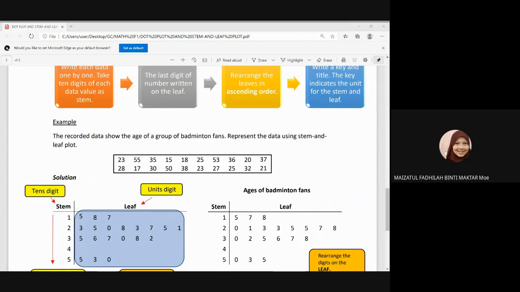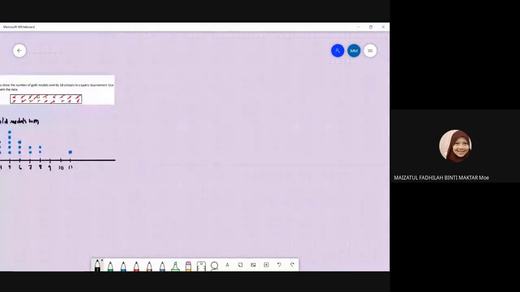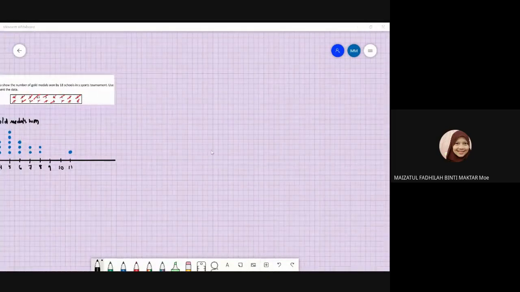So now I'll project it to the whiteboard. So make sure you can see it on the whiteboard. Okay, let's go to the next one.